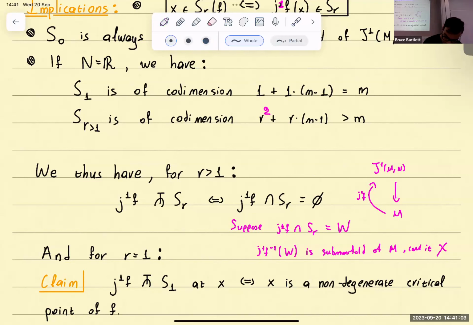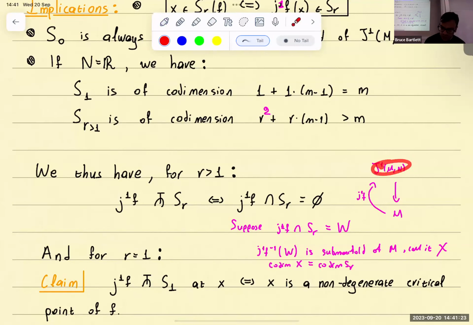And also, the codimension of X in M should equal the codimension of SR, the thing that I intersect transversally, in J1(M,N). That's one of the central theorems that make transversality quite a useful and important notion.